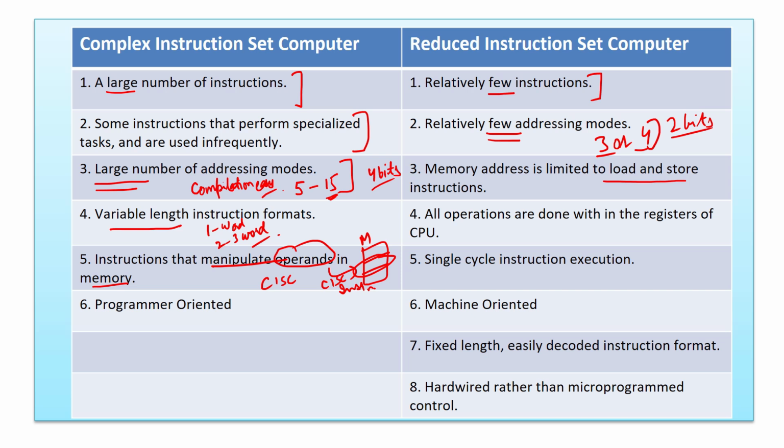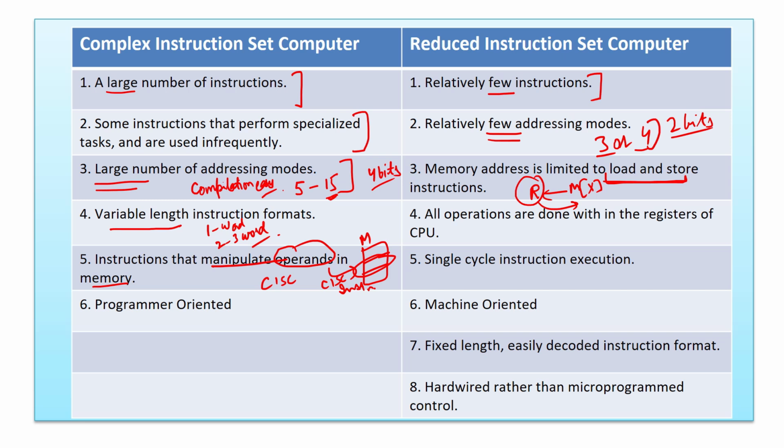We have only load and store. If I want to update something in the memory, then that value has to be loaded into the register. Then we can manipulate the value of the register. After updating we can send this register back to the memory location.